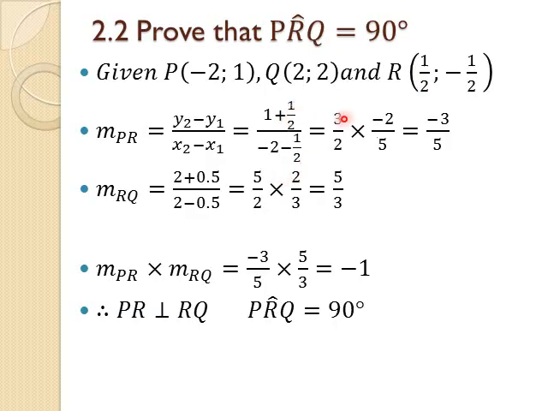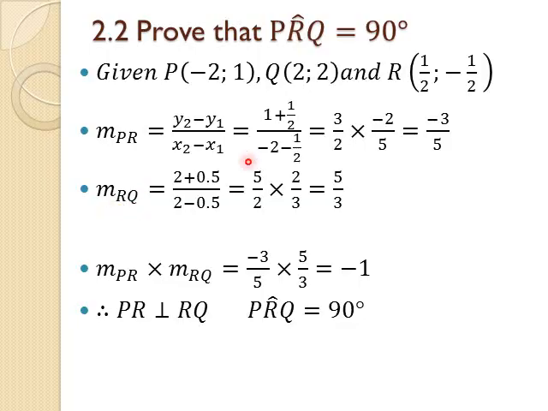That 1 plus half would give me 3 over 2. Minus 2 minus half would give me negative 5 over 2. Change division to multiplication, and the 5 goes to the bottom and the negative 2 to the top. 2 and 2 cancel, so I'm left with minus 3 over 5. Then I want gradient RQ.